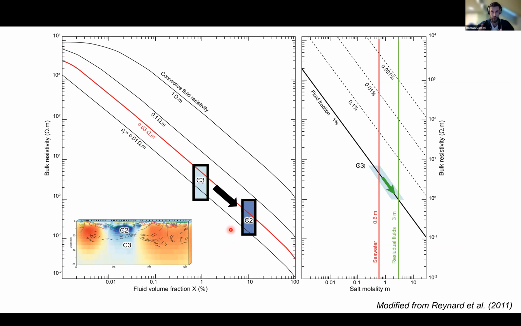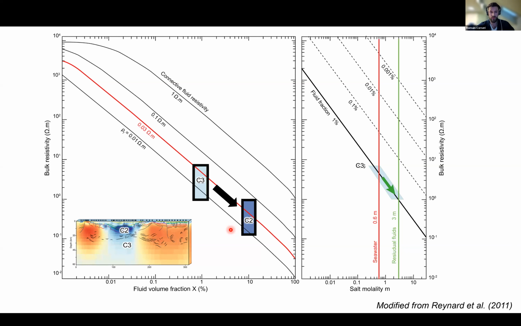By showing you this example from the fossil system, we know for a fact that residual fluid from serpentinization that has increased salinity can migrate and contaminate the fluid in the pore space of the rift sediments.